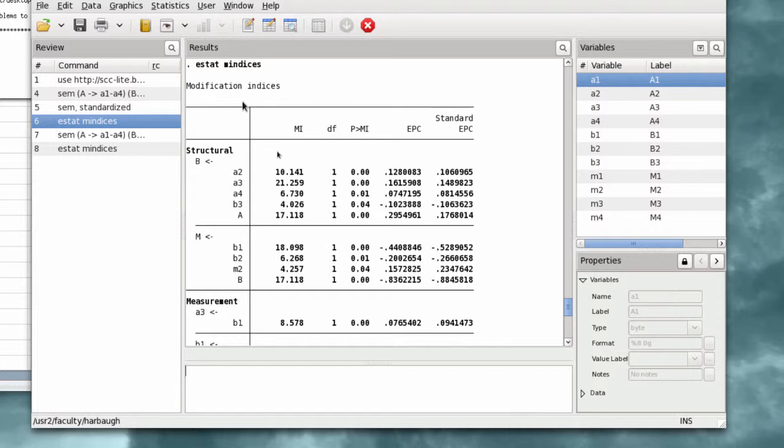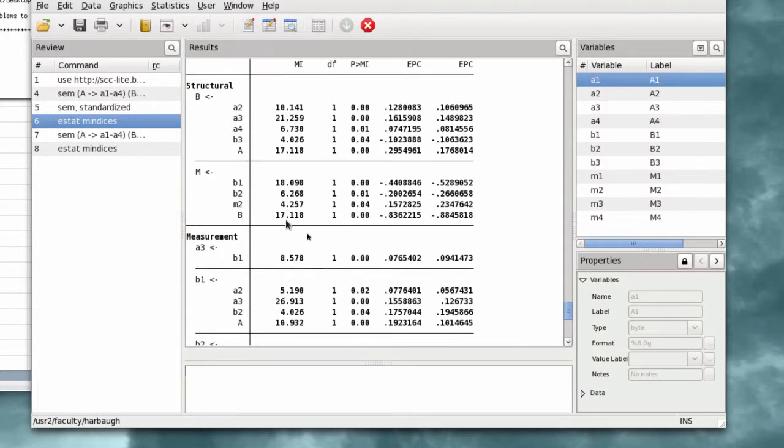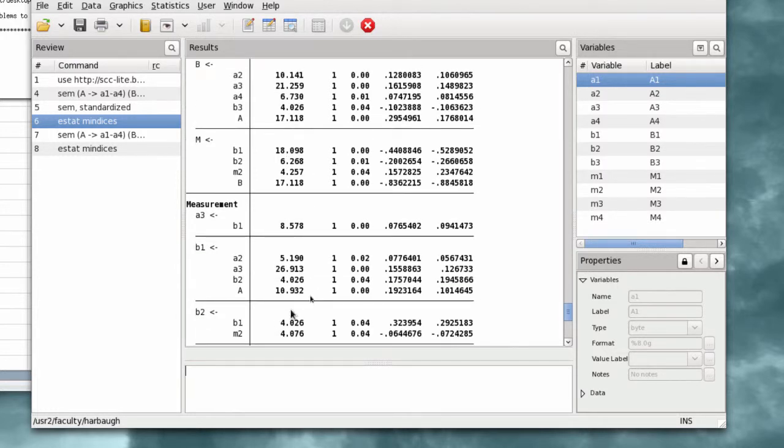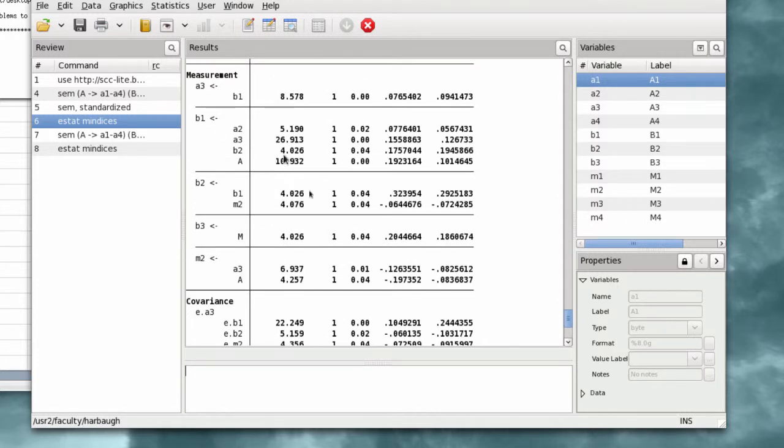are, again, I'm seeing, say, the highest one is A3 to B, which is strange, but A to B is still showing up. Measurement A to B1, that's kind of curious. So there's A3 and B, something's happening there.